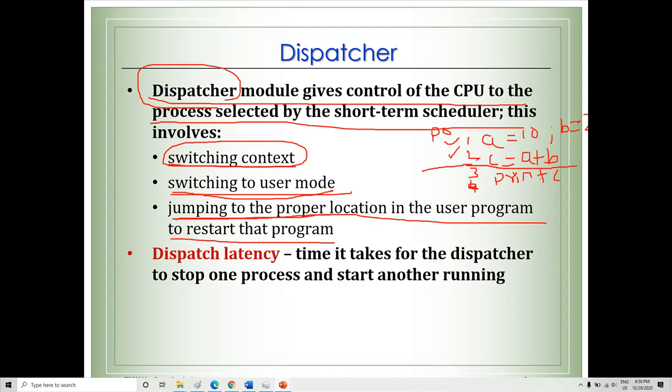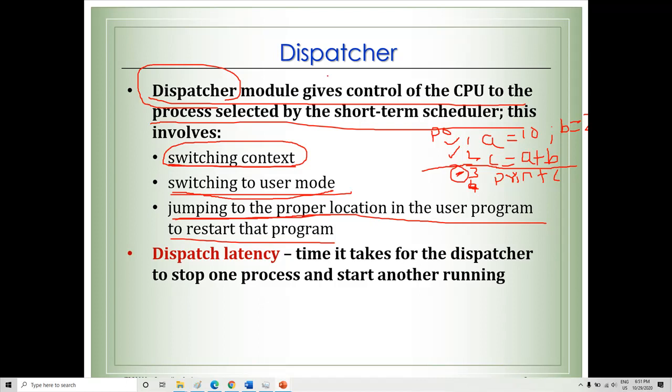These values would be saved in its process control block, and the CPU is given to another process. When P0 gets a chance again, the execution should start from statement 3, not from statement 1 again, correct?